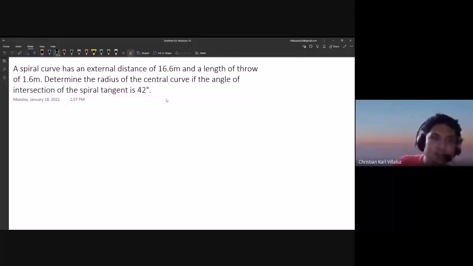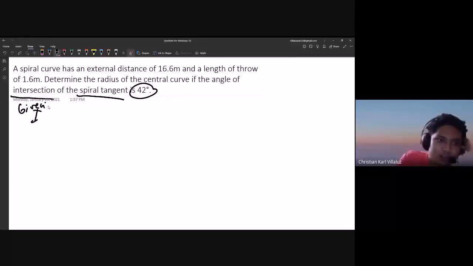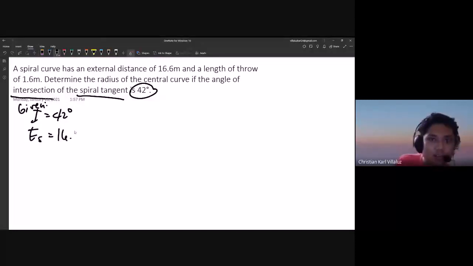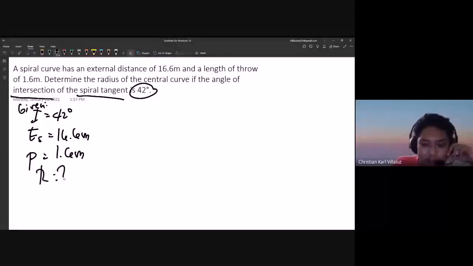So given yung angle of intersection of the spiral tangent. So yan ay yung I. Okay? Other given, we have the external distance is 16.6. Length of throw P, 1.6 meters. Hanapin daw yung kanyang radius.